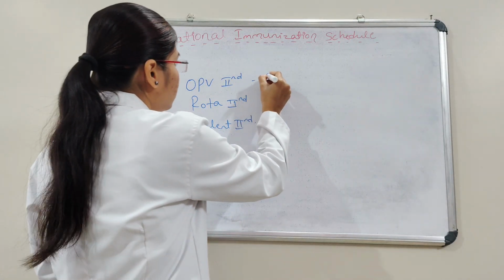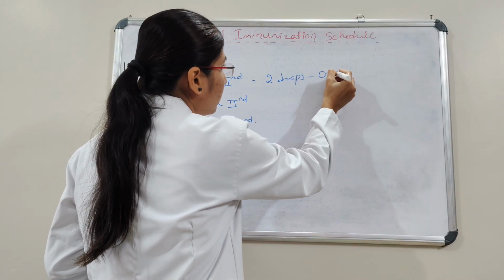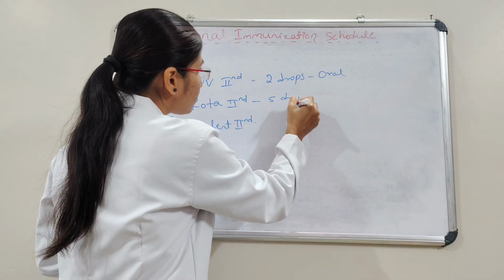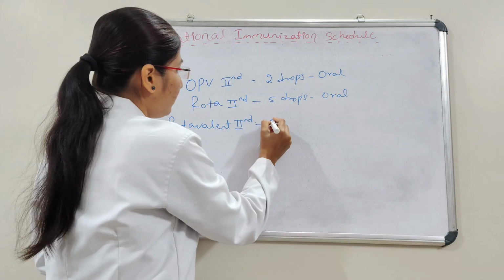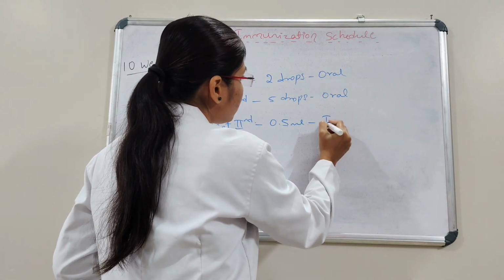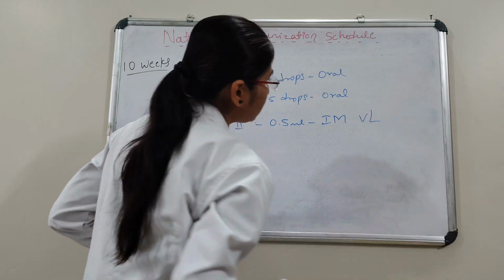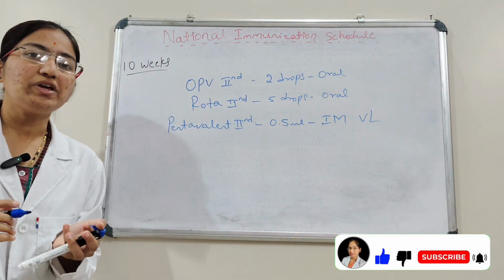OPV is 2 drops through the oral route, and then Rota here is 5 drops, orally, and then pentavalent dosage is 0.5 ml, that is through the route IM, in the vastus lateralis muscle. This is at 10 weeks.